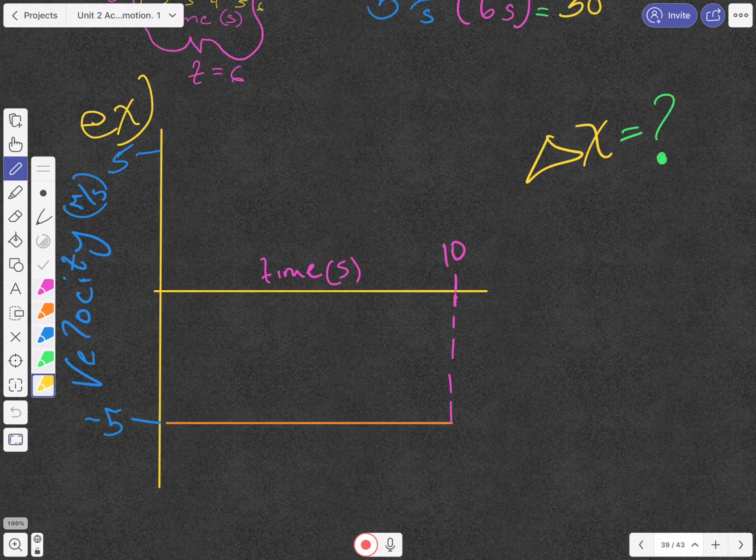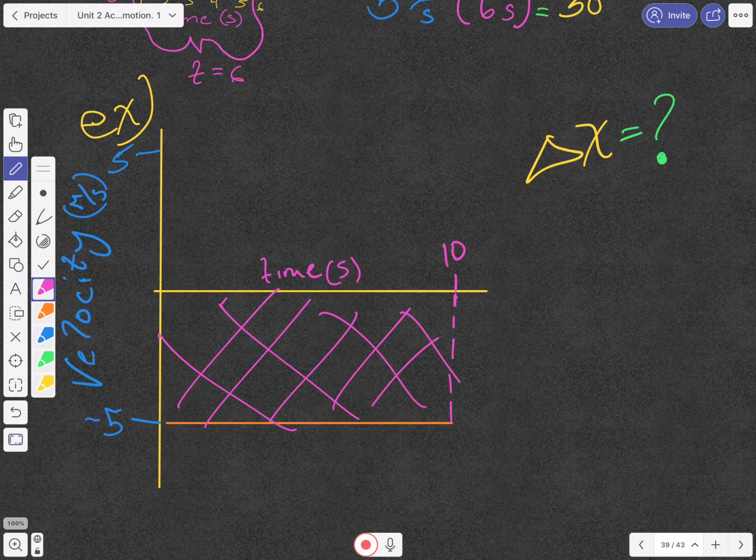All right. So now for our example 2, we have a line that's down here. And in the same way, you're still trying to find this area, but displacement has a direction. And we're working in the negative here. So our velocity is -5 meters per second.